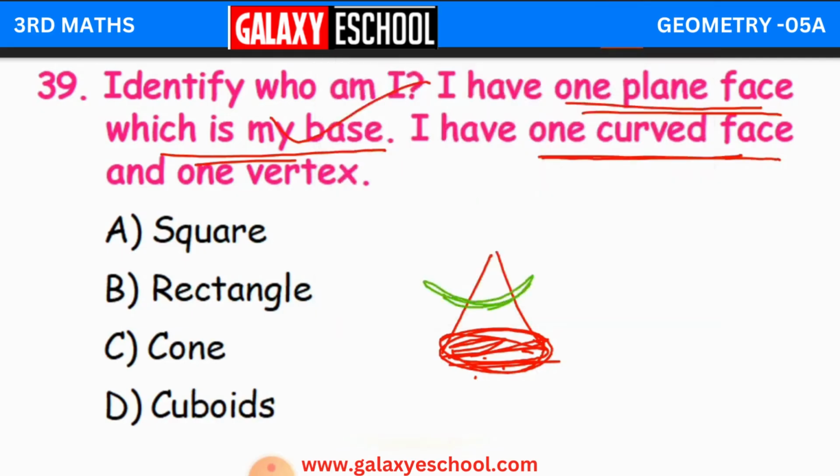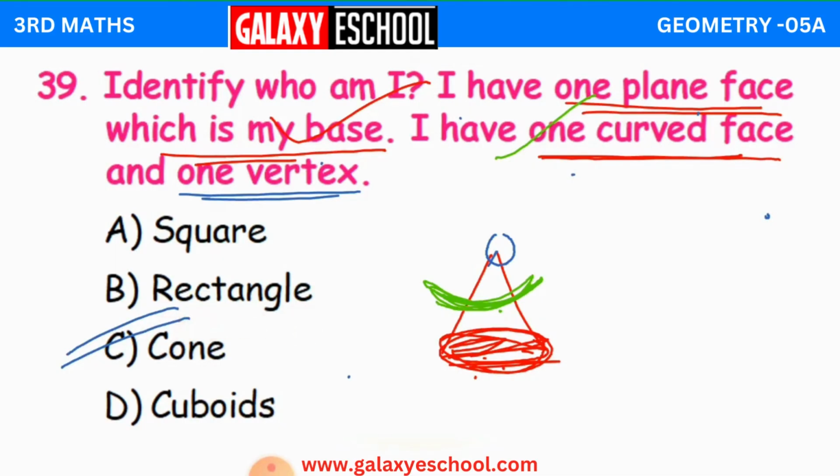Yes, here it is a curved face, so this is also true. Now the third one, I have one vertex. Yes, it has only one vertex, so cone fulfils all these three conditions given in the question. So our figure that we want here is cone.